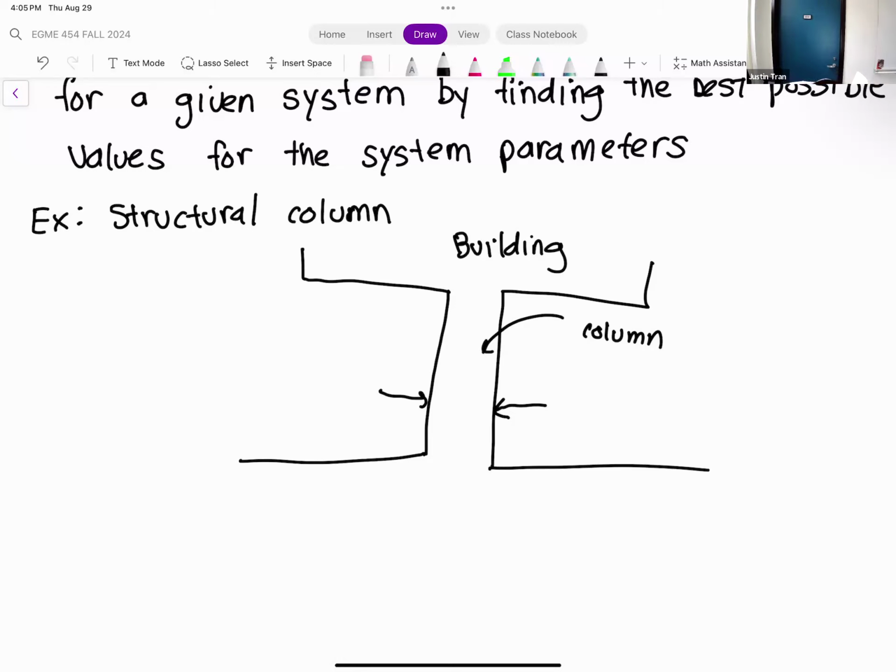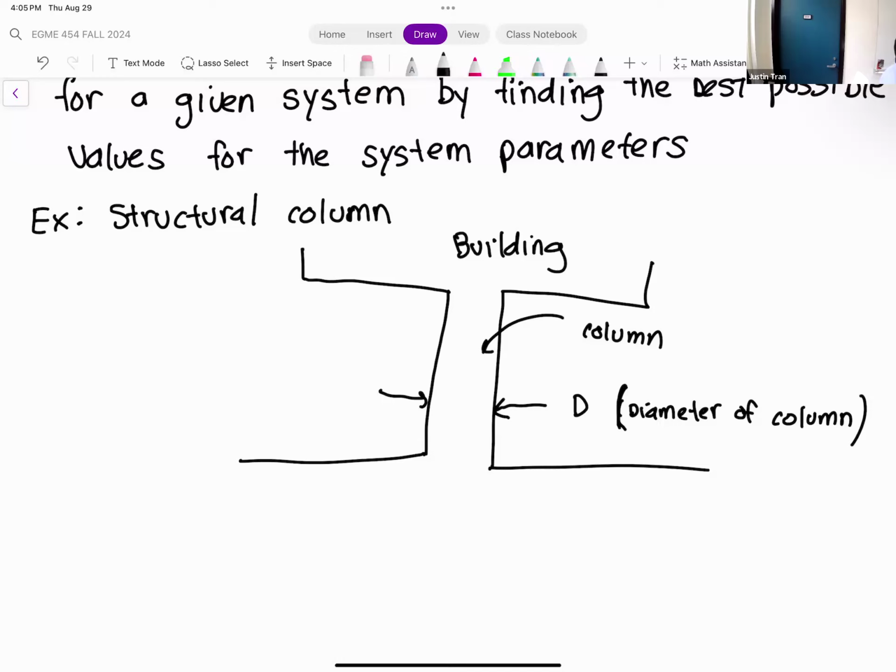We'll call that capital D. So this is a very simple situation. So the value of D could either go up or down, right?